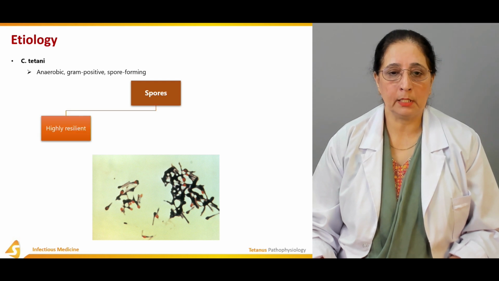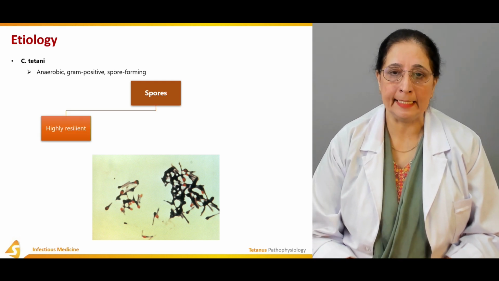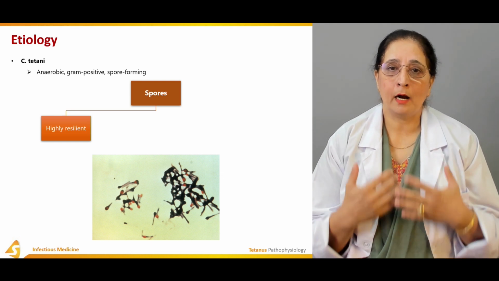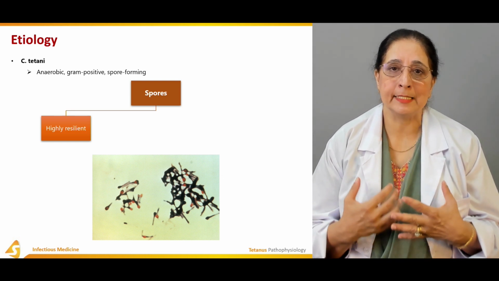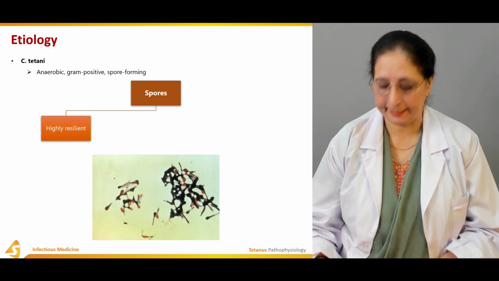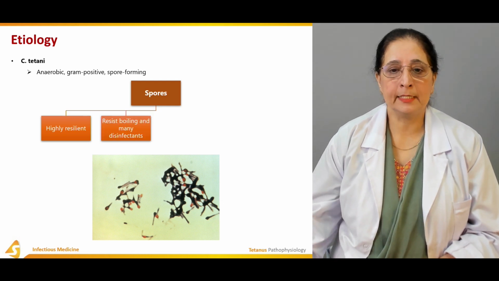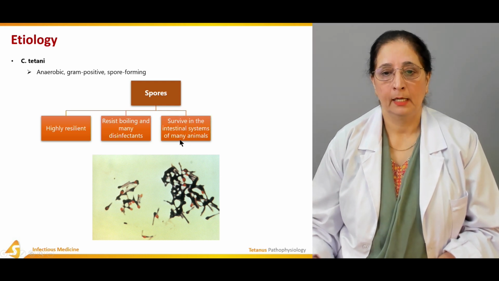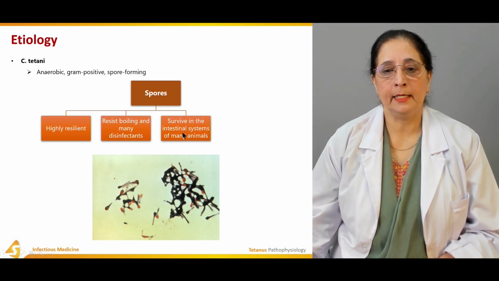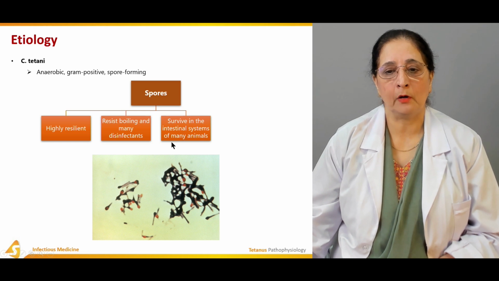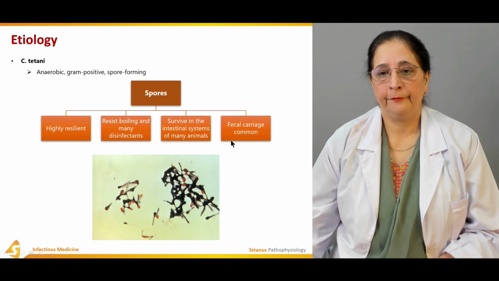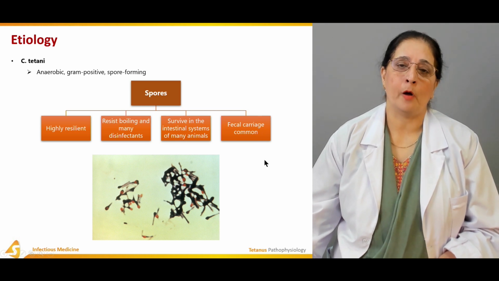The spores are highly resilient. The spores which are formed are hard to destroy, they are resistant, they are resilient, resist boiling and many disinfectants, and survive in the intestinal systems of many animals. Fecal carriage is common.